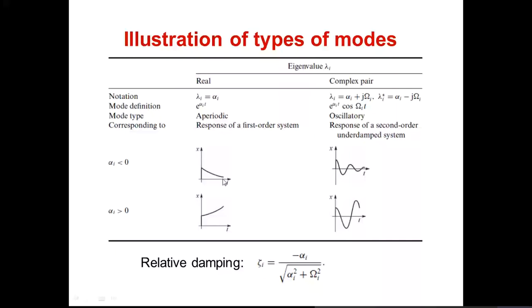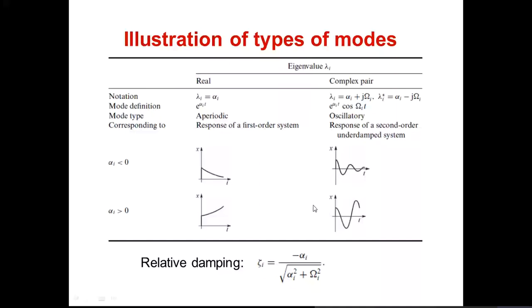So any state variable associated with this eigenvalue, for which the real part is less than zero, will always have a decaying response with respect to time. But if the real value is greater than zero, you are likely to have an exponentially increasing magnitude form of response with respect to time.